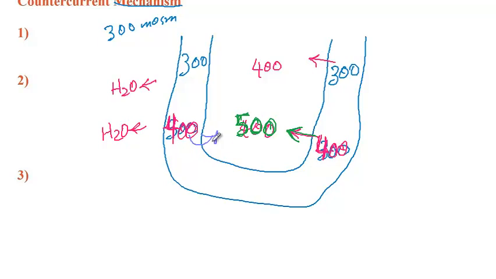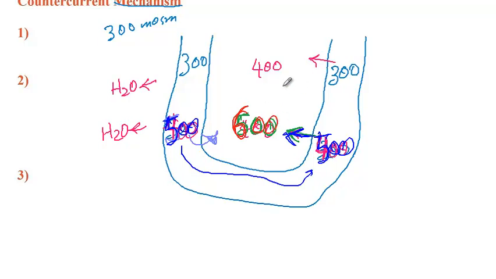So now more water gets reabsorbed and this one changes to 500 milliosmolar. So now the next fluid that enters here is 500 milliosmolar, saltier. So now more salt can again get reabsorbed. So the next value would be 600.